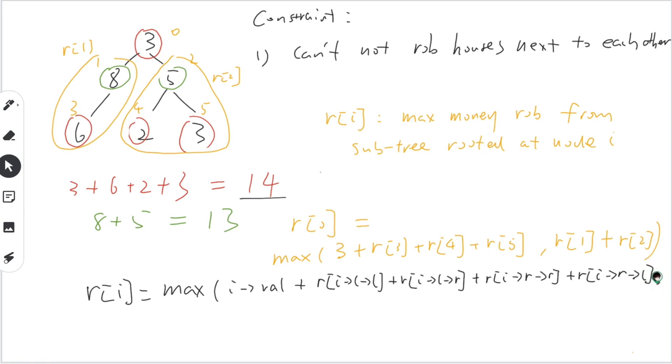Note here that we use val to indicate the value of node i, and L to indicate the left child, and R to indicate the right child.